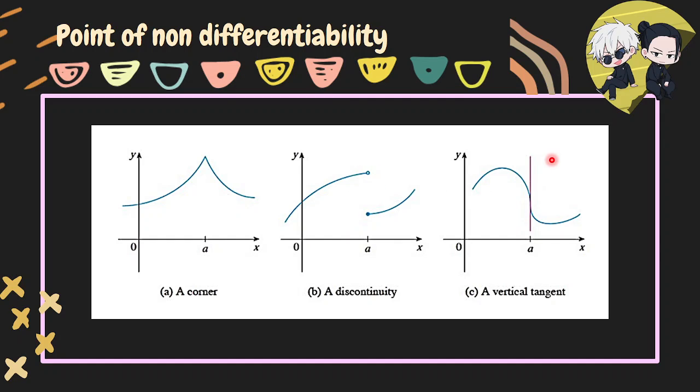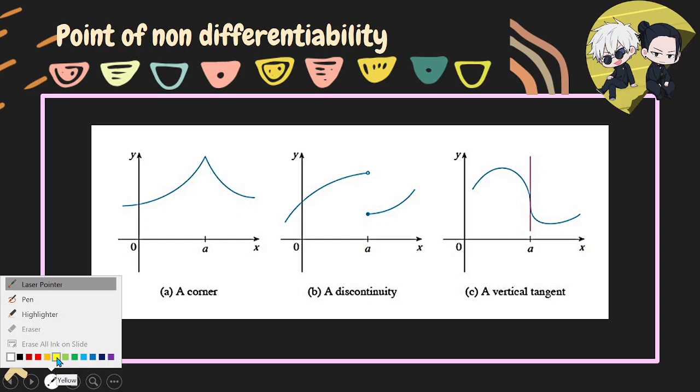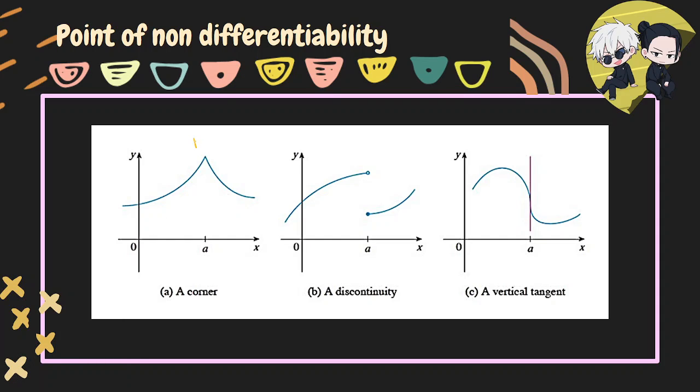No? However, in this one, we can see that this vertical tangent is not basically a tangent. It's not basically a derivative because remember that the slope of vertical line is always undefined. Okay, hindi natin malalaman kung gaano ba katayog si function na yan.